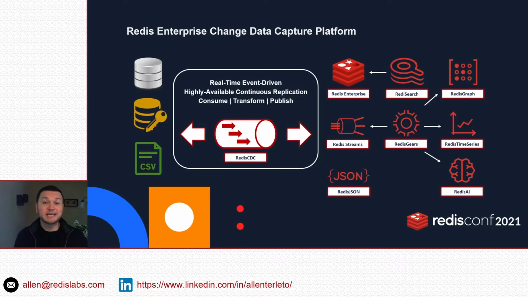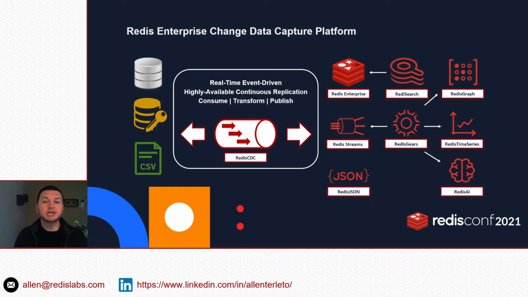All right, let's now take a look into how that continuous motion we just mentioned flows from that source to target. As you can see, flowing left to right, RedisCDC can consume change data events from different types of sources. This includes relational databases, NoSQL databases, legacy data grids, and even file-based systems.